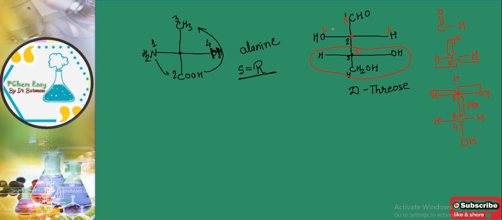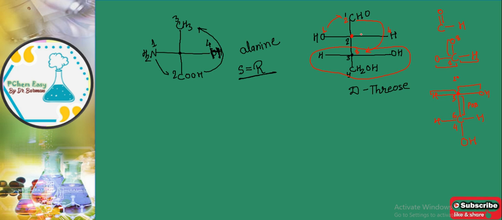Now we have to move from 1 to 2, 2 to 3. How is it moving? In a clockwise direction. But see the fourth group: it is horizontal, and as per the rule, it must be on the vertical line.